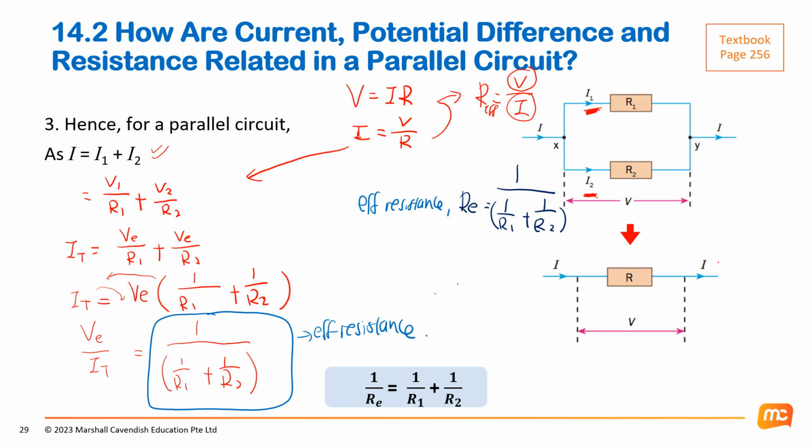And if I would want to present it more elegantly, 1 over RE is equal to 1 over R1 plus 1 over R2. Depending on how many resistors you have in each of the individual branches, you can continue. So if this is only 2, then it will stop at 2. So this is what the formula is like for a parallel circuit.